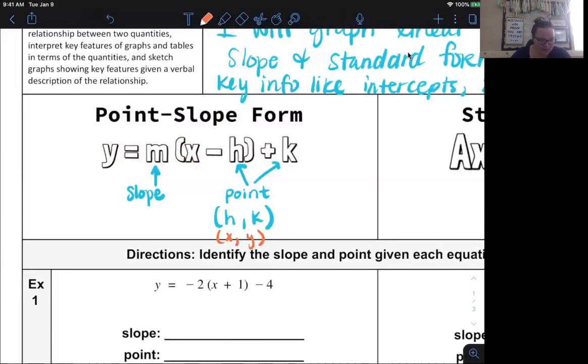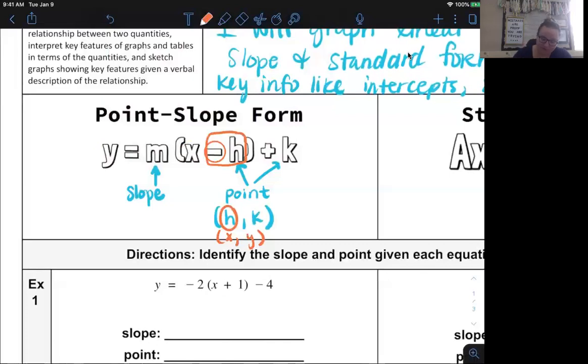Some other things that you need to know about this form is that h has the opposite sign in the equation than it does in the point. So as you can see, our h here is positive, but in the equation, it's minus h. So if h was negative in the point, the equation will say plus h.